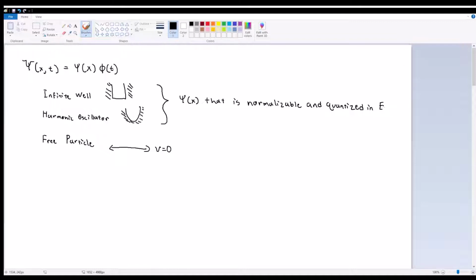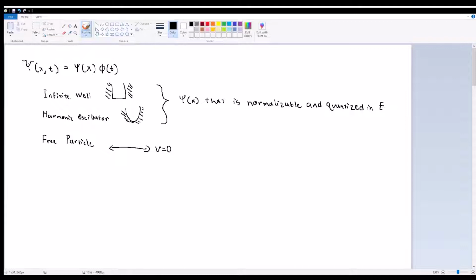The energies aren't continuous. Particles in stationary states in these systems cannot take on a continuous spectrum of energy. There are very distinct levels of energy that particles jump between.